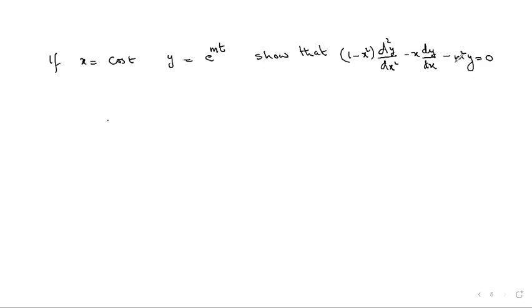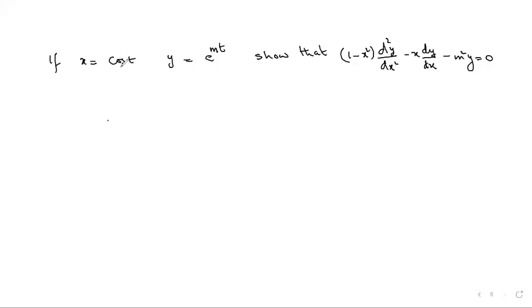So don't you feel it will be better that my answer should not have t at all? Yes, sir. So we have two options. One option is your method: find everything in t and substitute it and show LHS equal to RHS. That's one method. The second method is to remove the t from the beginning only and find the derivative. Both the methods are okay. There's nothing wrong in any method.